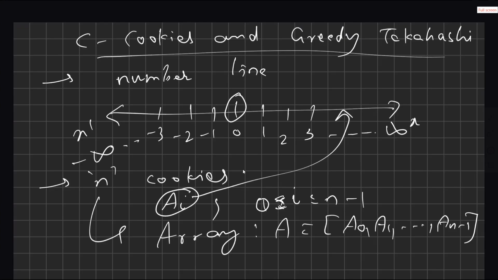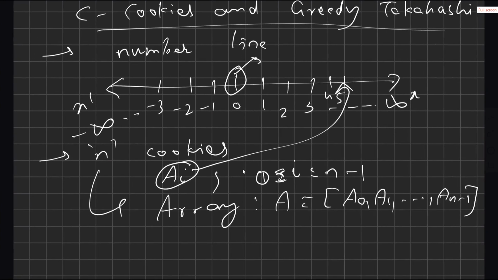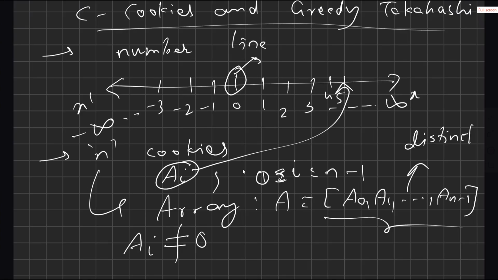Let's say a cookie is at coordinate number 5. They have said no cookie is at position 0, so A_i is never equal to 0. And all the cookies are at distinct positions, so we cannot have two cookies at, let's say, position 2.